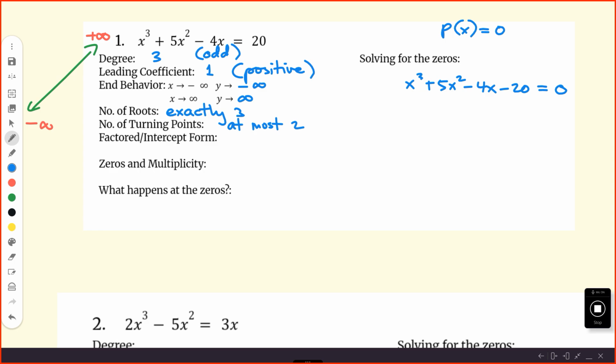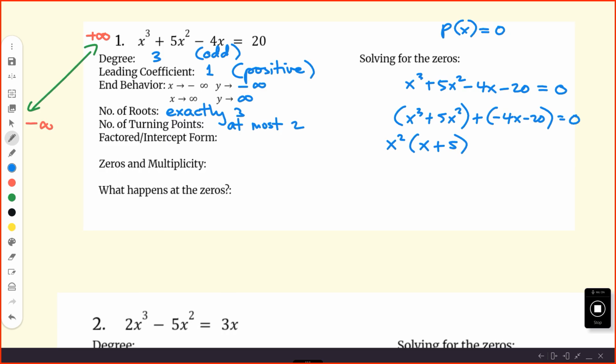Now, how do we factor this? We have a 4-term polynomial, right? How do we factor a 4-term polynomial? You would group them together: x cubed plus 5x squared grouped together, and then 4x minus 20 grouped together. And then you would take the common factors out. The common factor would be x squared for the first one, so that would be x plus 5.